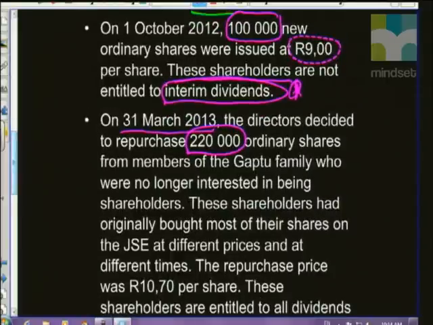So they don't want to be shareholders, so we are buying back, we are repurchasing those shares. Now, these shareholders had originally bought most of their shares on the JSE at different prices. Important. And at different times. So there's not one specific time when these shares were purchased.